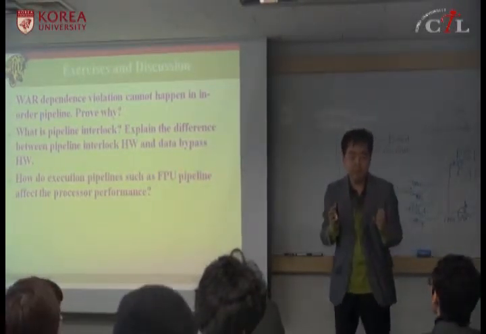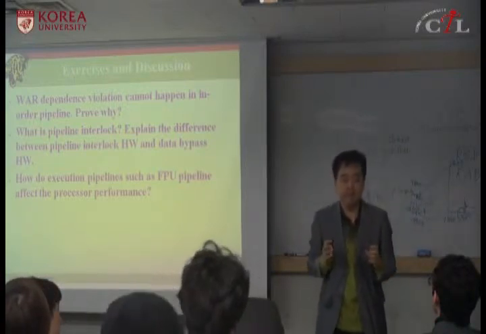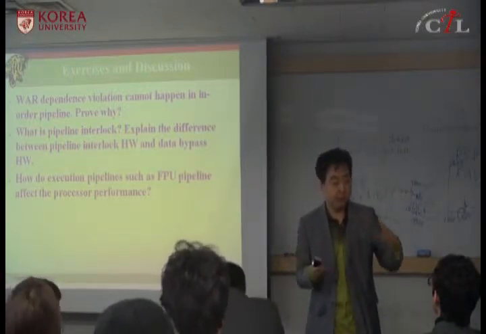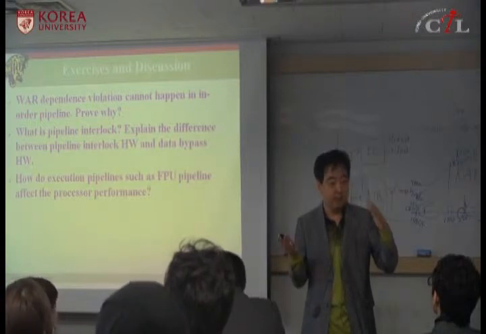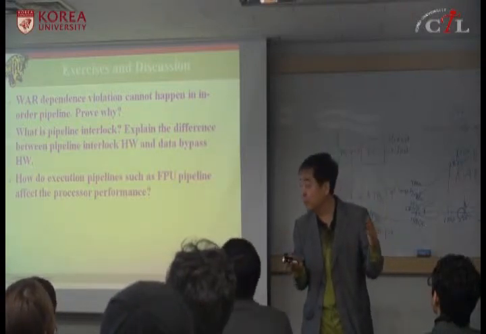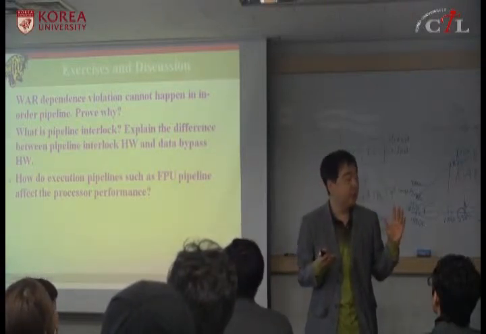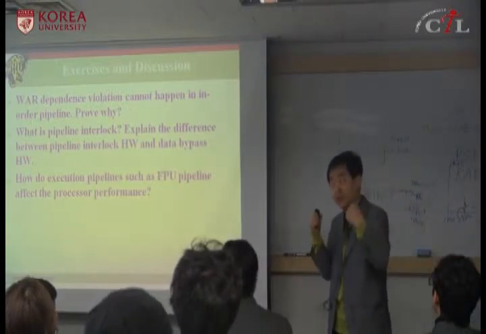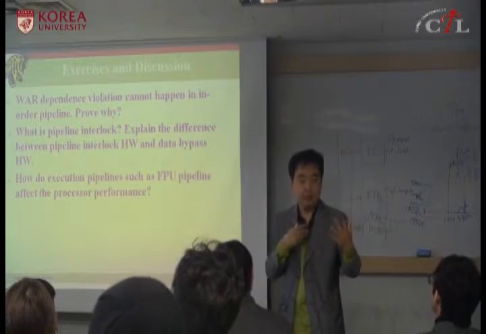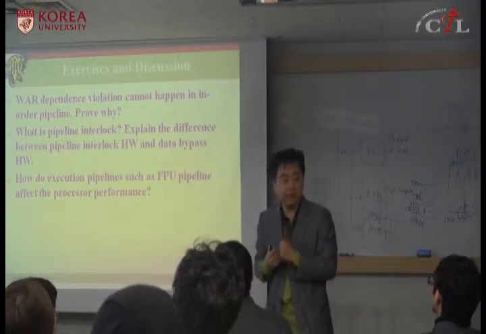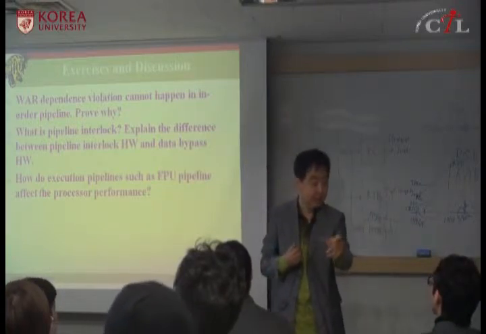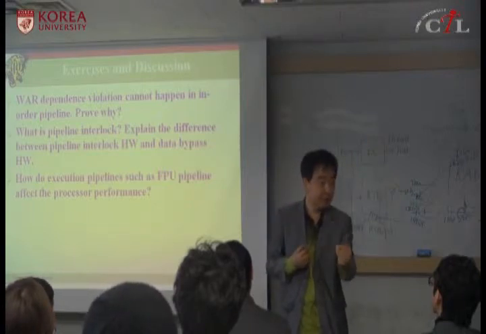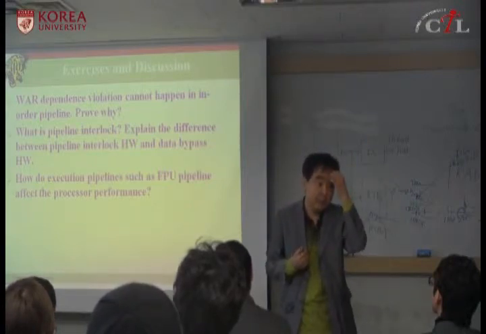So pipeline interlock means you have to check read after write, write after write, or write after read dependence, right? Usually for in-order pipeline only read after write and write after write dependence. And you need register comparators, right? After you check the dependence, if you find the dependence, you have to lock the consumer instruction at the read stage.